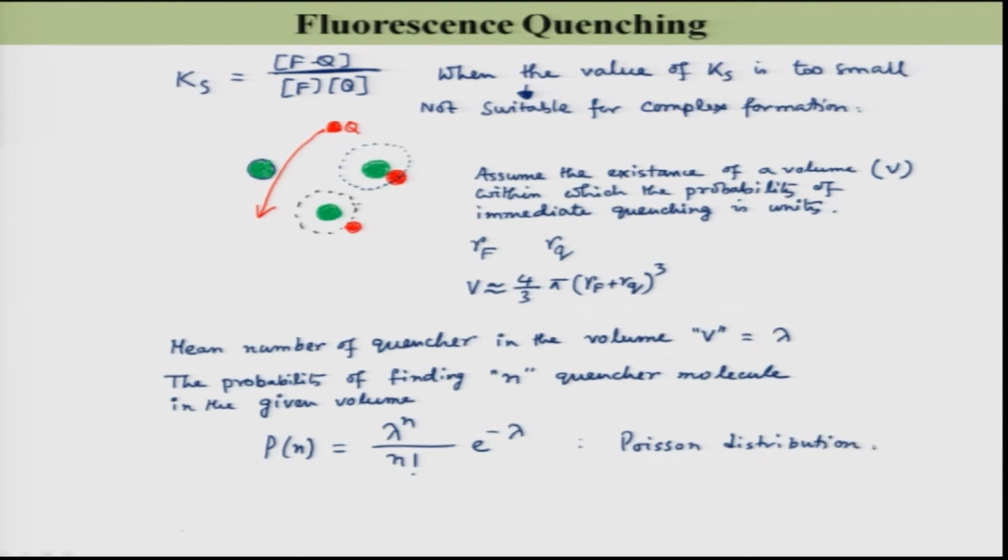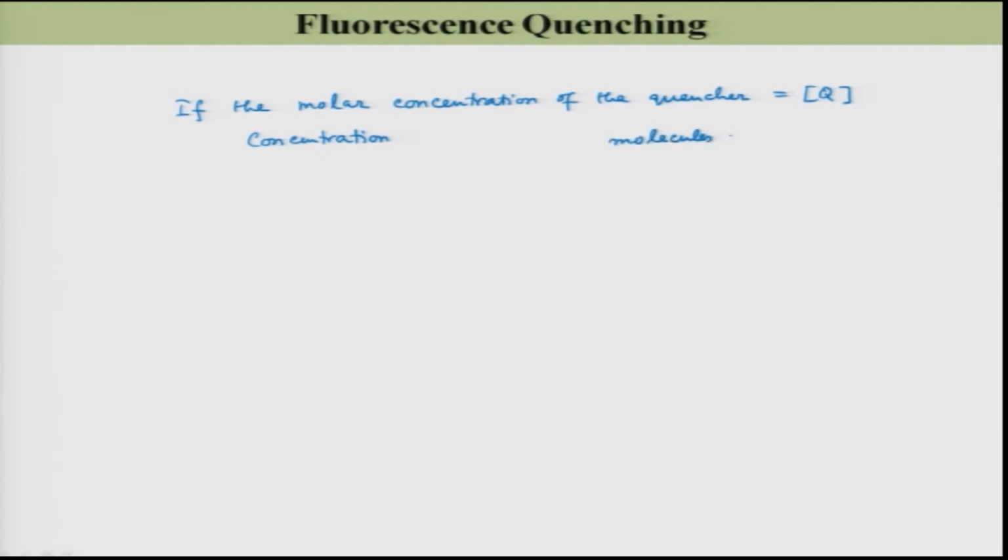Now, let us proceed. If the molar concentration of the quencher is equal to Q, then I can write this concentration in terms of molecules per cc, right.